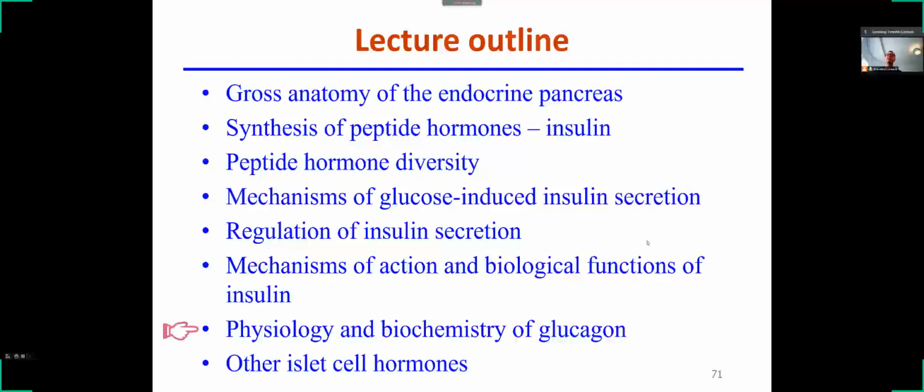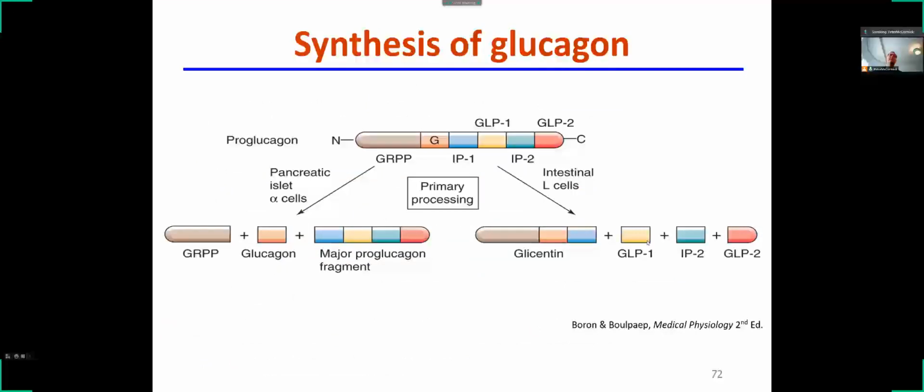What about glucagon? So we've talked about glucagon, briefly mentioned it earlier. So the glucagon gene looks like this, and it also is one of these that can be processed into other hormones.